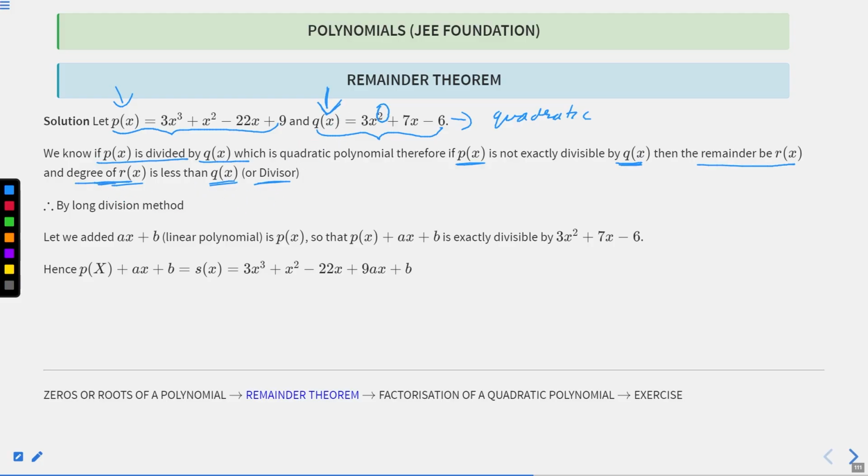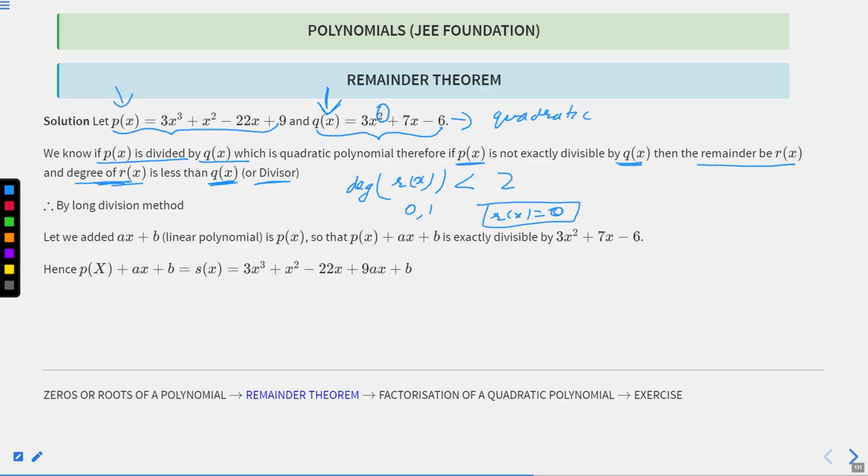So the degree of r(x) is less than that of q(x), so it must be less than 2 because q(x) is of degree 2. So the degree of r(x) must be either 1 or 0, or r(x) could be equal to 0 also.